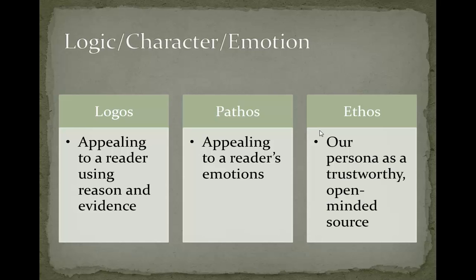Okay? Finally, ethos is very important in your paper. This is where you're going to establish your persona as a trustworthy, open-minded source. So whenever you're talking about arguing something, you want to begin your introduction by not only introducing your topic, so what you're going to be talking about, but both sides of the conversation you're joining. So if you're talking about the Ornstein article, you're going to talk about the pros and the cons of the princess industry.